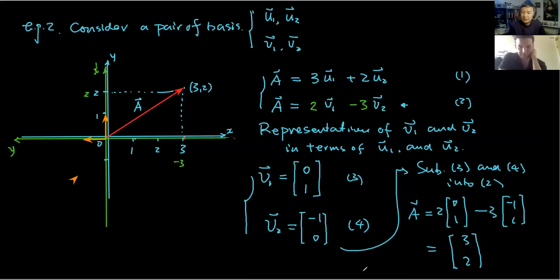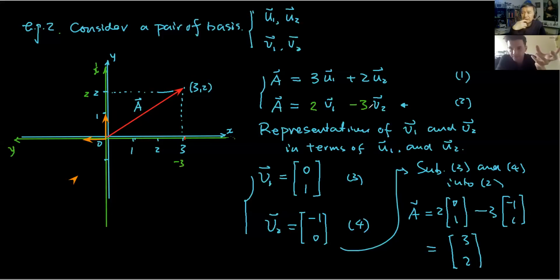But in general, you can prove that they are equivalent in terms of description, in terms of representation of the vectors. Right, and the matrix 0, 1, -1, 0 will apply a 90-degree rotation to any vector.